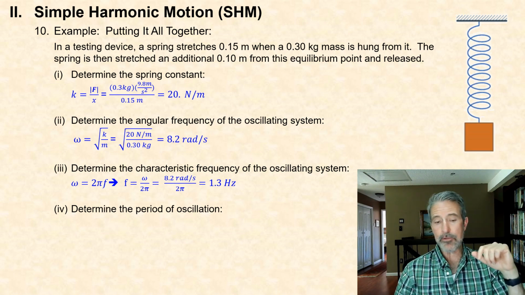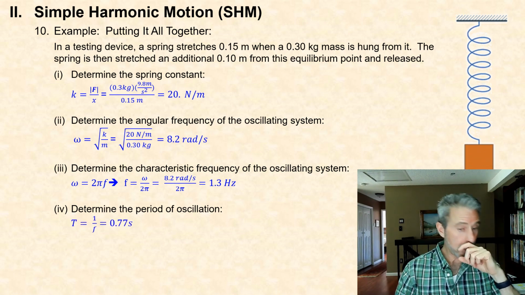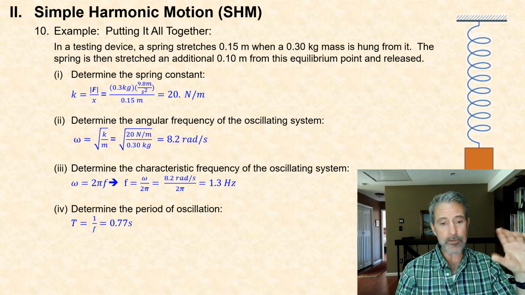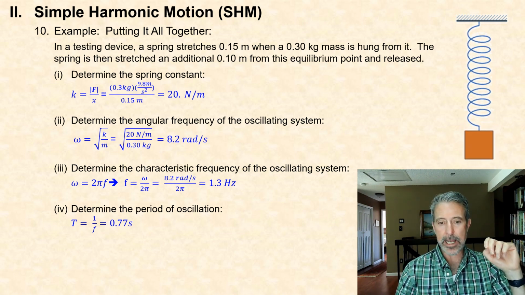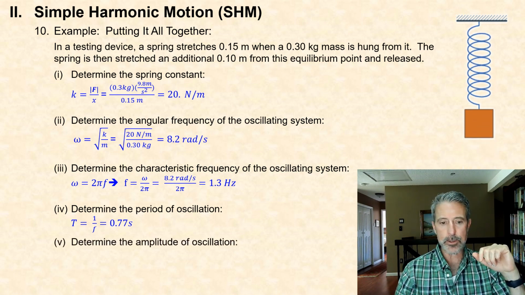Next up, we want to find the period of oscillation. We know that the period and the characteristic frequency f are simply reciprocals of each other. So given the fact that we now know the characteristic frequency is 1.3 hertz, take the reciprocal of that, we get the period of 0.77 seconds.